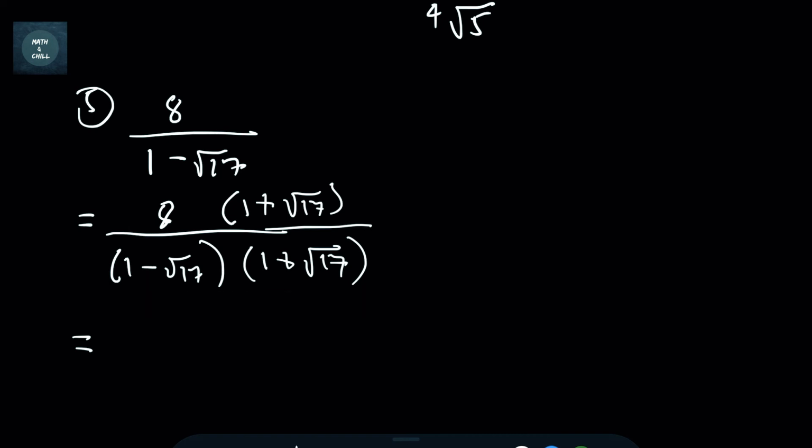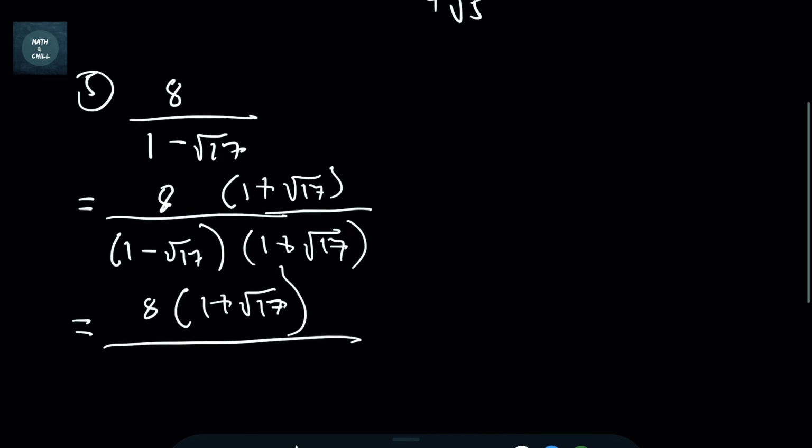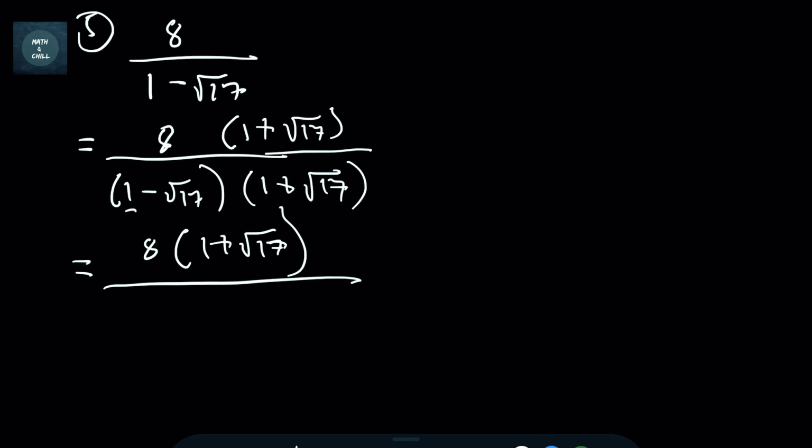Let's copy the numerator first, 8 times 1 plus square root of 17, all over 1 times 1, 1, times square root of 17, this is positive square root of 17, minus square root of 17 times 1 minus square root of 17. And then, unlike signs, square root of 17 times the square root of 17 becomes just 17.